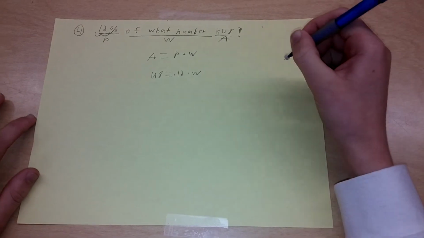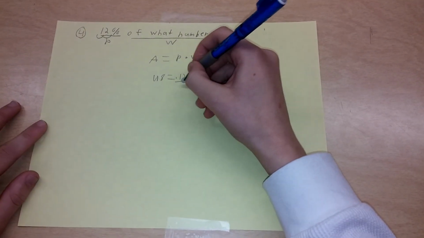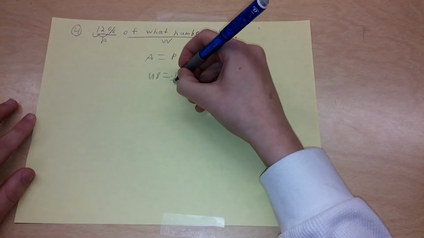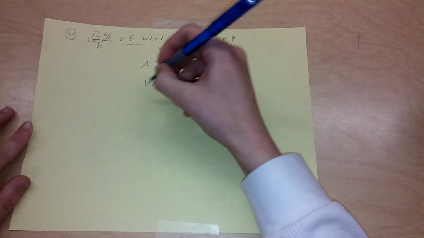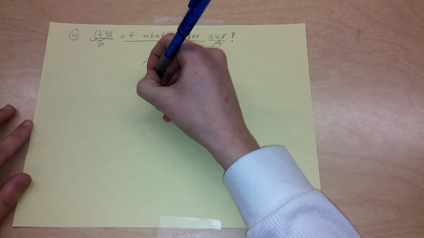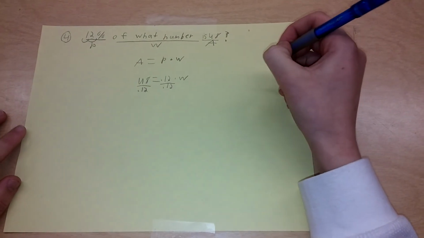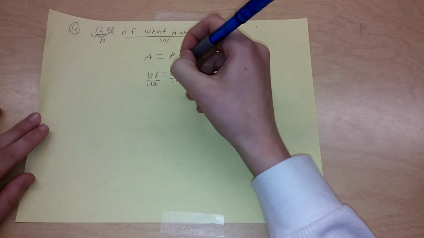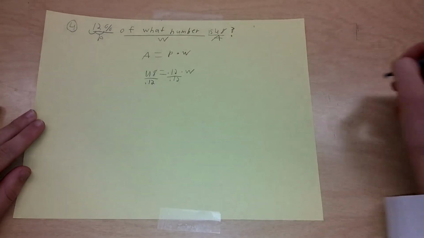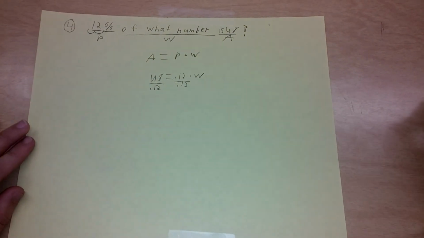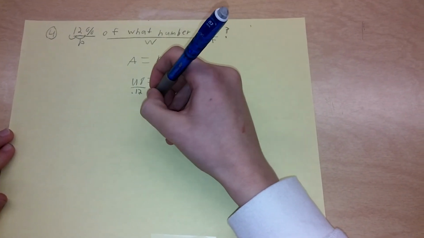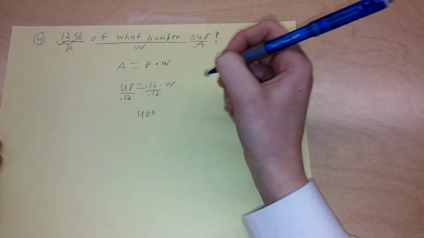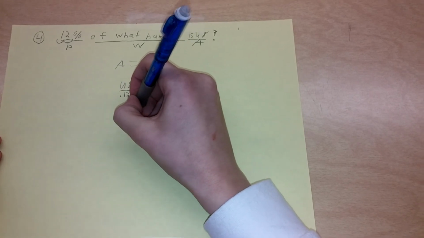Then we divide by 0.12, and what we do to the right is what we have to do to the left. So we take 48 and divide it by 0.12, which you should do on your calculators now, and if you do it correctly, the answer you should get would be 400. And then don't forget to add the W equals 400.